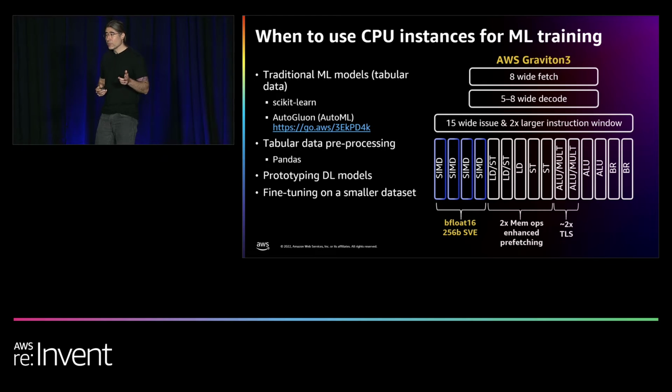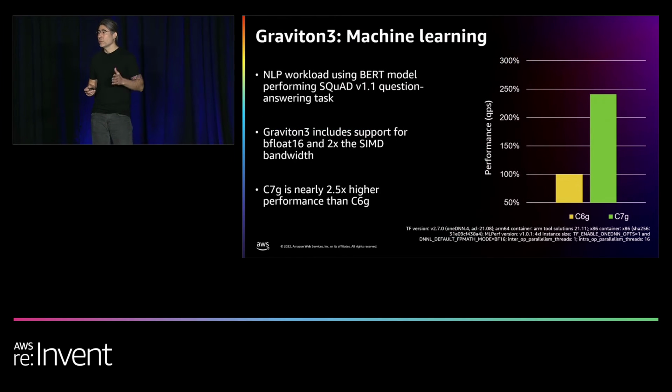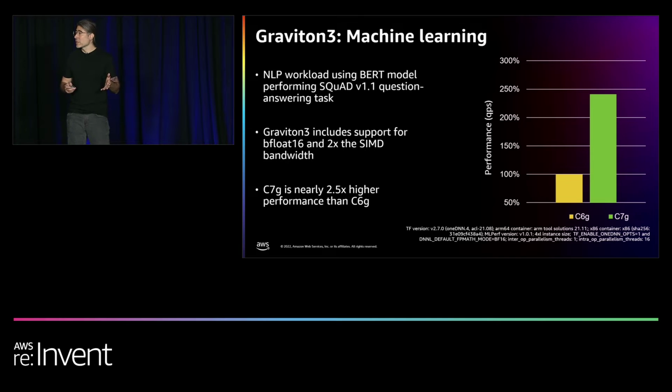Just to give an idea of the evolution of the platform, this is a comparison between Graviton V2 and V3. C6G is a Graviton V2 instance, and C7G is a Graviton V3. The machine learning model that we use to compare is BERT, an NLP model, a natural language processing model used to answer questions.